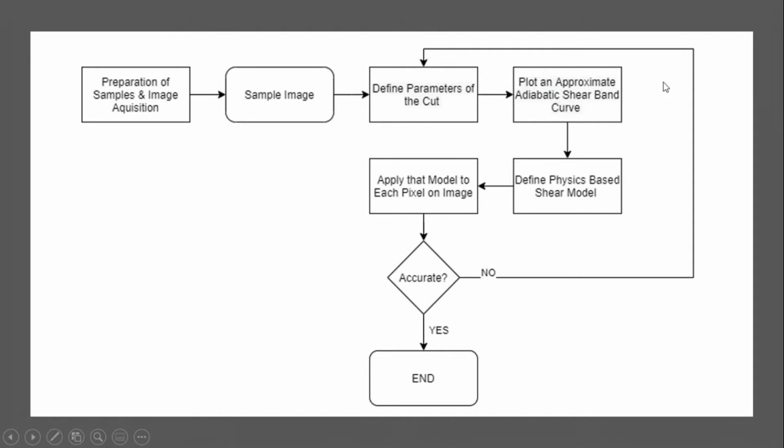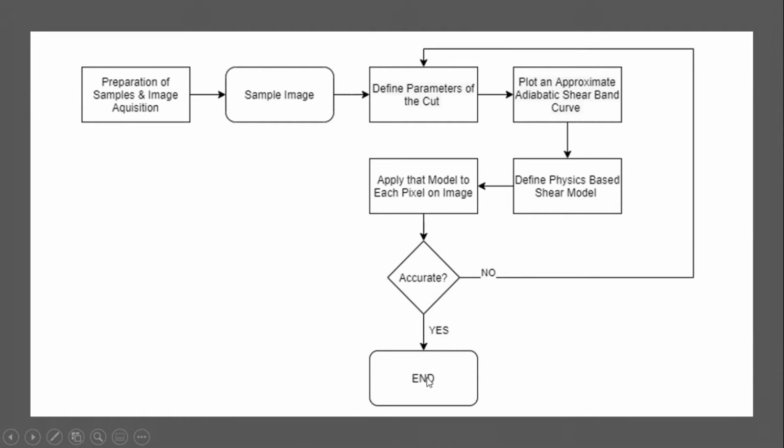And I'll show that in a picture later. We define the physics-based model, and this is simply an equation that we apply to each pixel relative to this curve. And then we go through our qualitative check, and if it's a no, this doesn't pass, we go back and redefine our parameters. This is the optimization part. And if we say yes, it passes, then we're done.